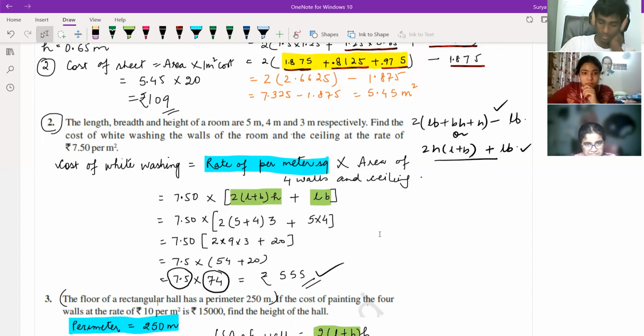Try to understand the question first, then you do it. Perimeter is 250 meters, so 2 into (L plus B) is equal to 250. Cost of painting 4 walls at the rate of 10 rupees per meter square is 15,000.